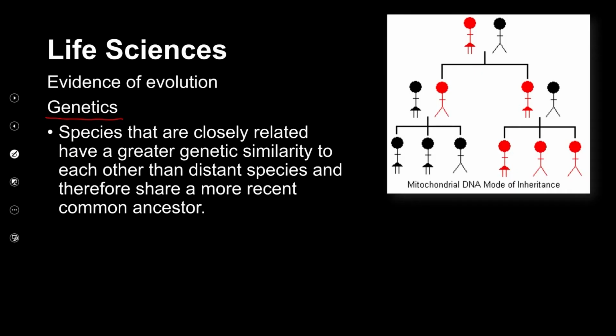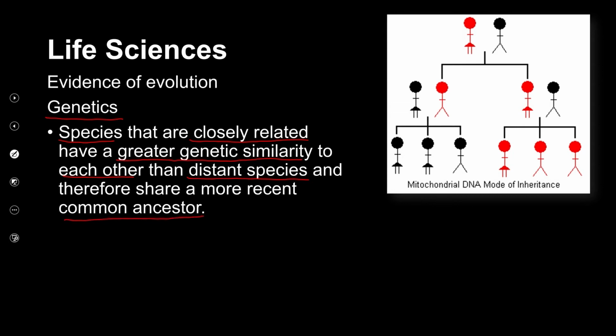Okay, so species that are closely related have greater genetic similarity to each other than organisms that are more distant species, and therefore they would share a more recent common ancestor.